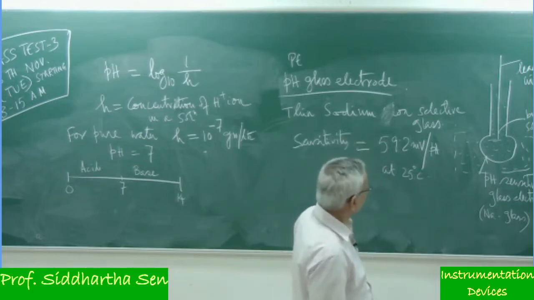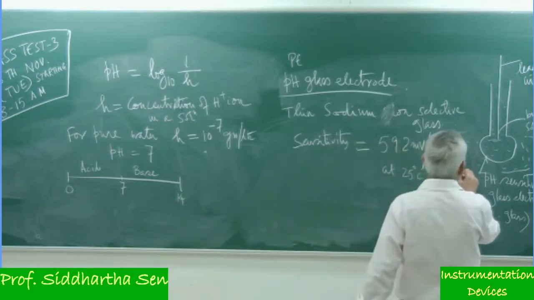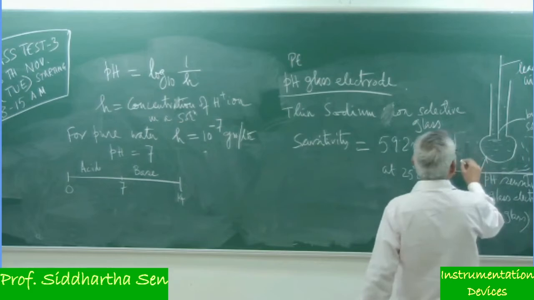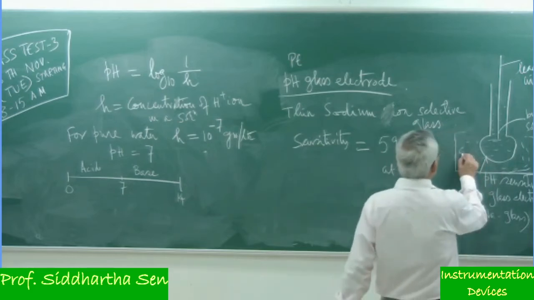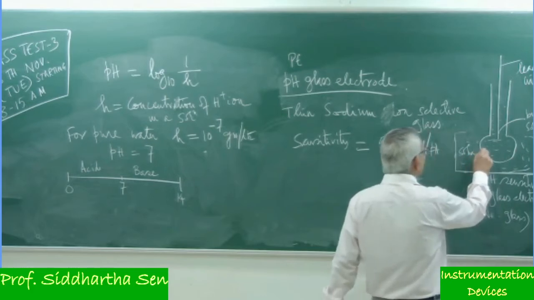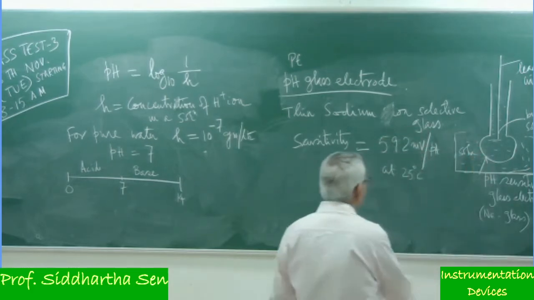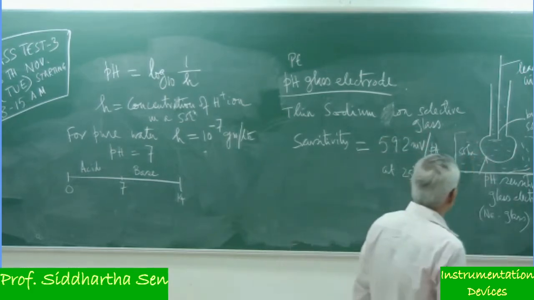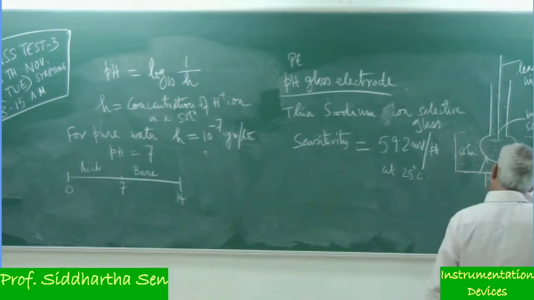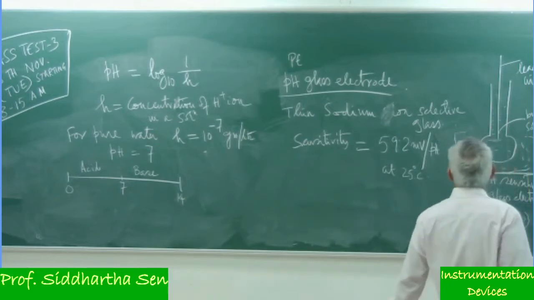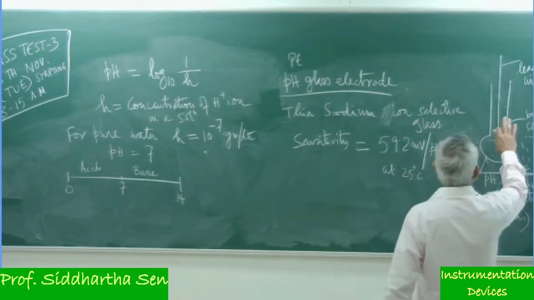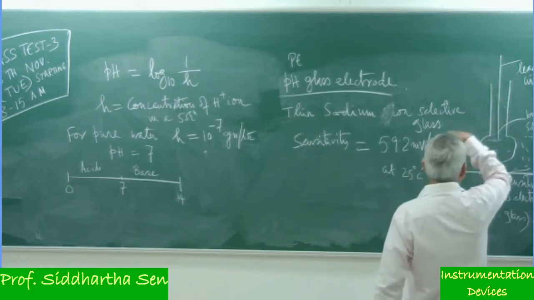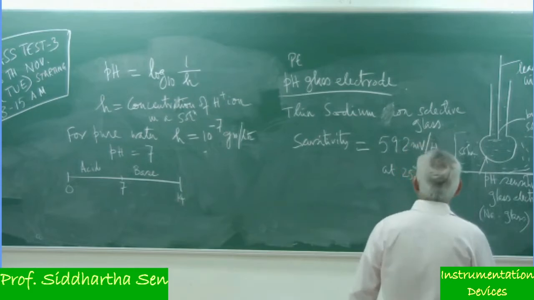That means if some container vessel has some hydrogen ion solution, between the outer and inner surface of the glass electrode, the potential will vary. Inside is a buffer solution which is always constant, mostly saturated KCl or something like this.